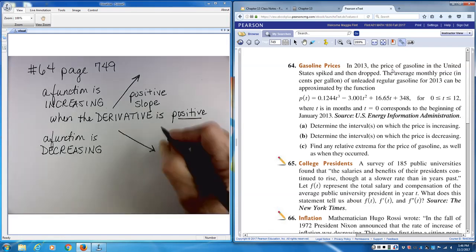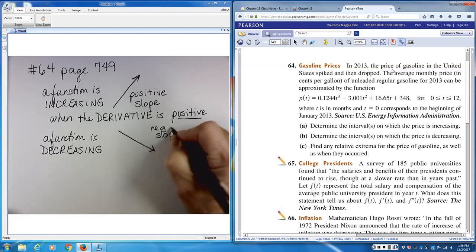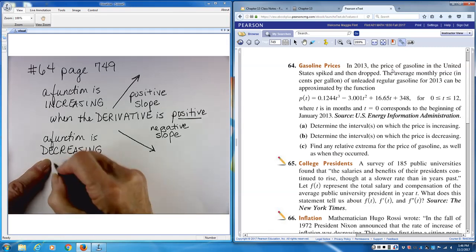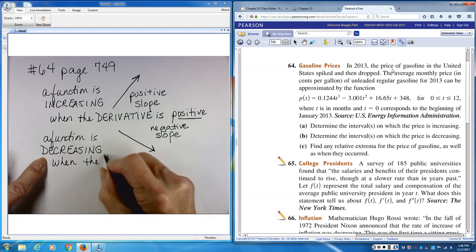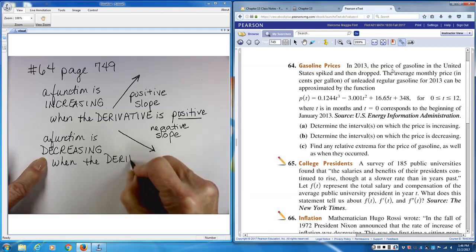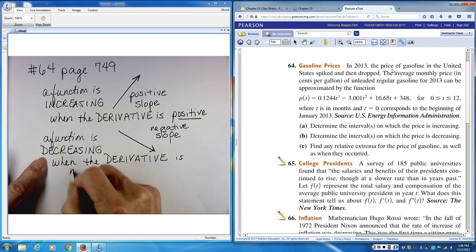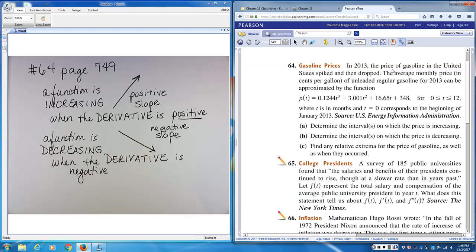In other words, when its slope is negative, which means that it is decreasing when the derivative is negative. Okay? Now, is there anything hard to understand about that? Does that make sense to everybody?